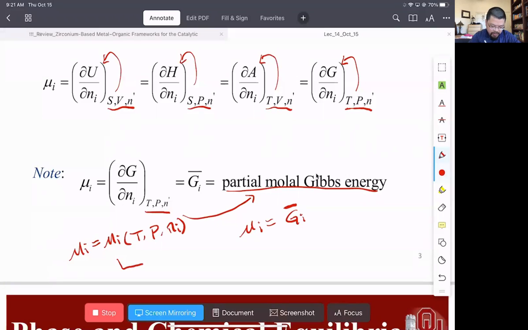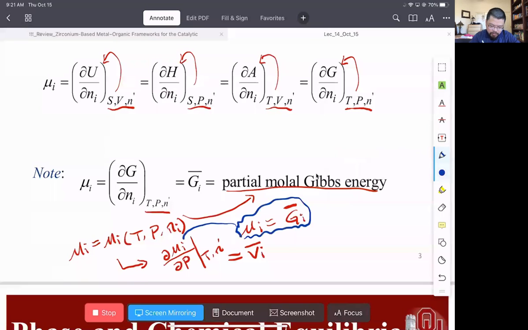And over there, we received the first useful equation for the chemical potential calculation, which is the partial derivative of chemical potential over pressure at fixed temperature and composition. This should be the partial molar volume, right?